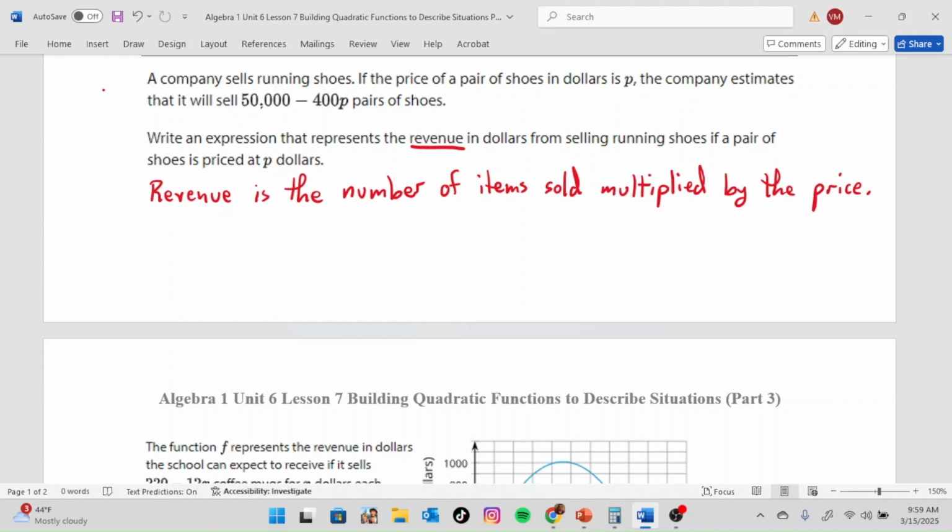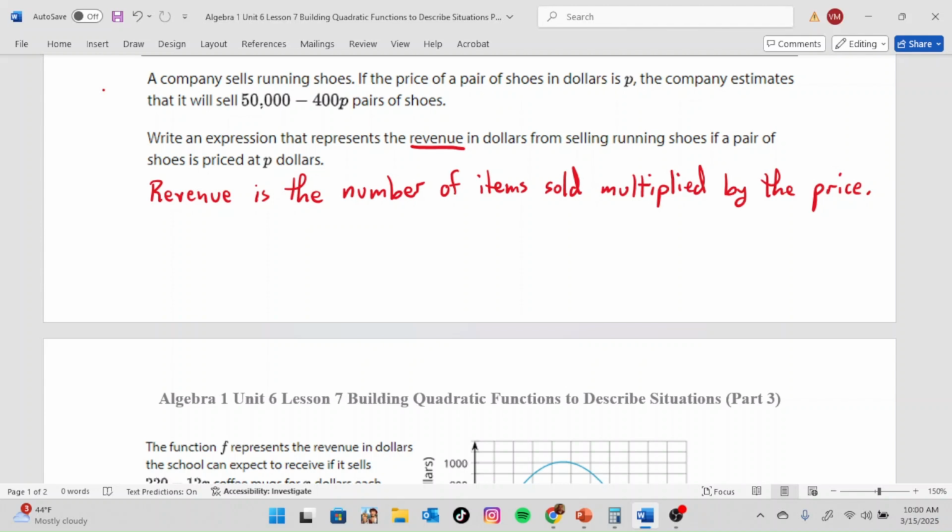So this is the amount of money that you make before paying off any of the debt that you had to get in order to make the product. So this is money you made before adjusting for expenses, which would then end up giving you profit.